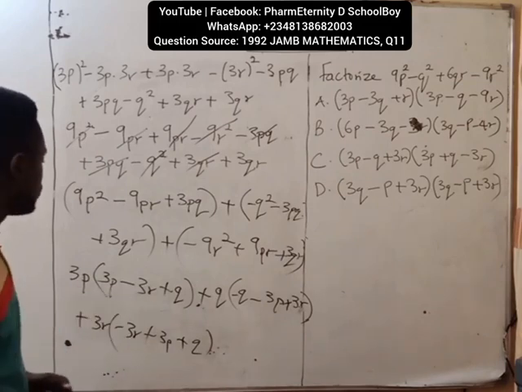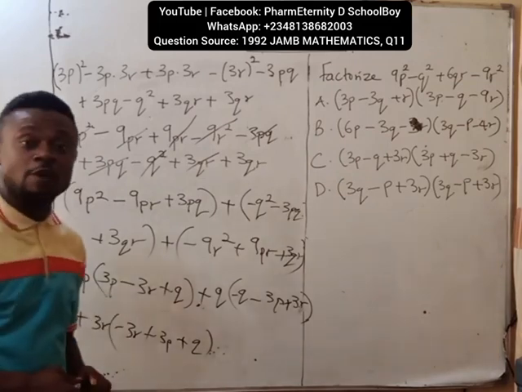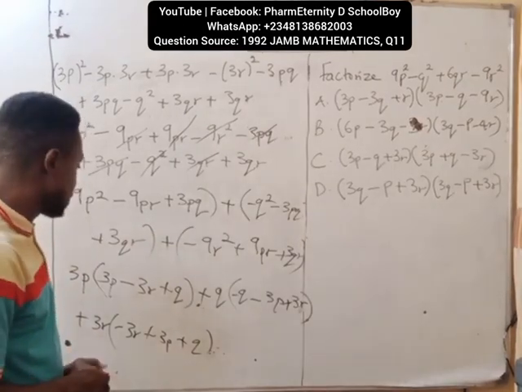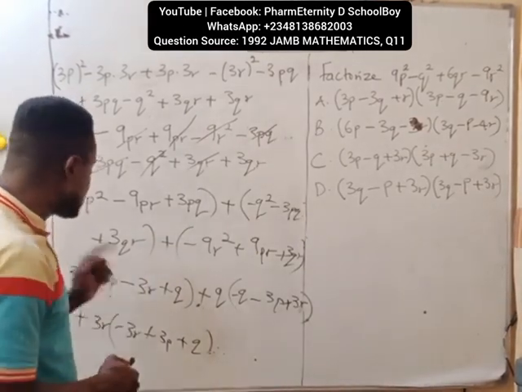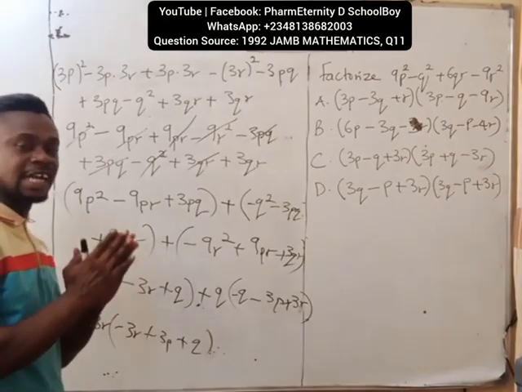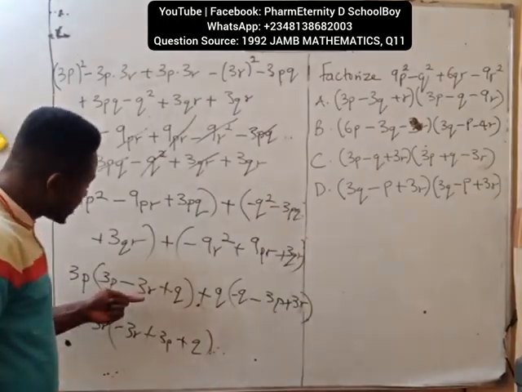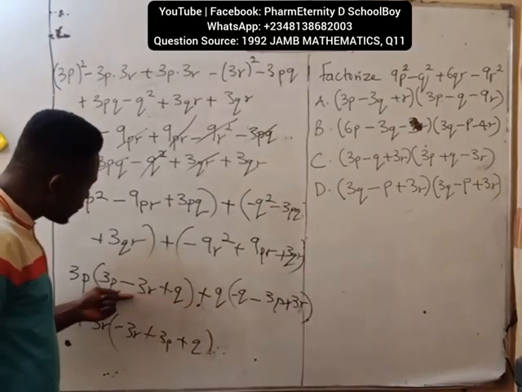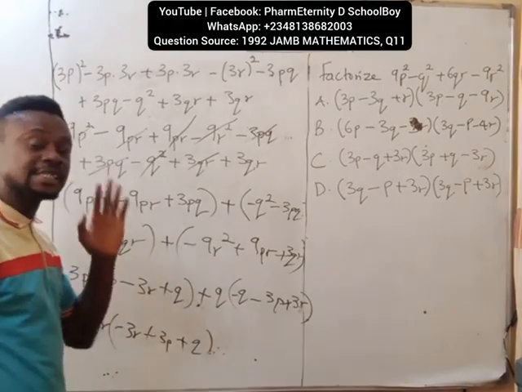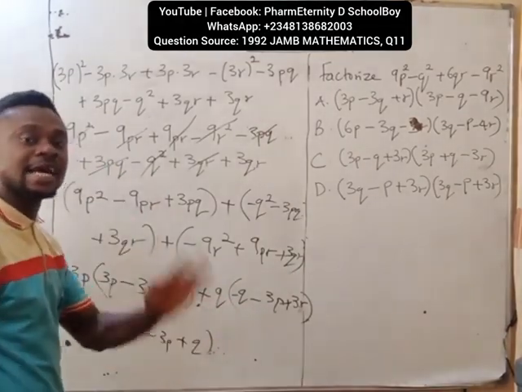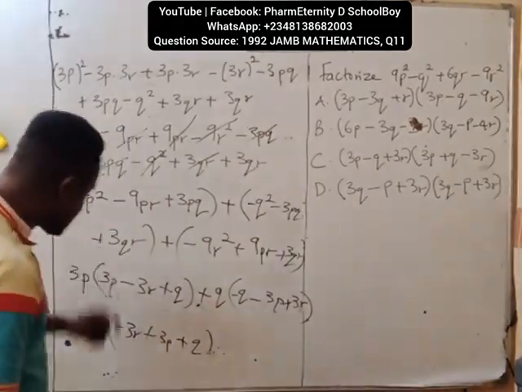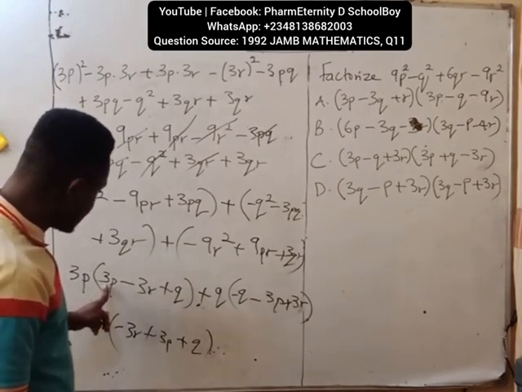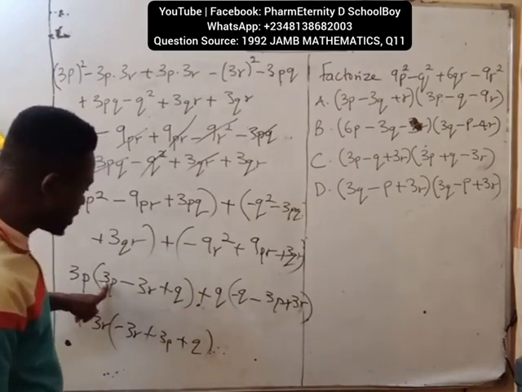This is where we arrived. Now the next thing is to be sure that for the factorization to be complete, the group of terms inside the bracket must be the same, both in magnitude and in sign. Now let's check. 3P, there's 3P here and it's positive.